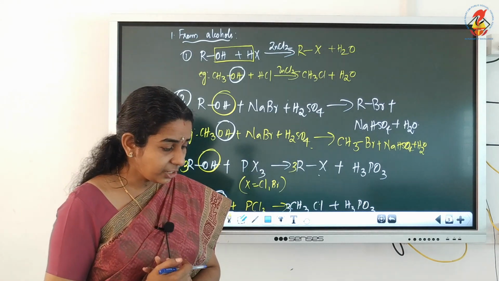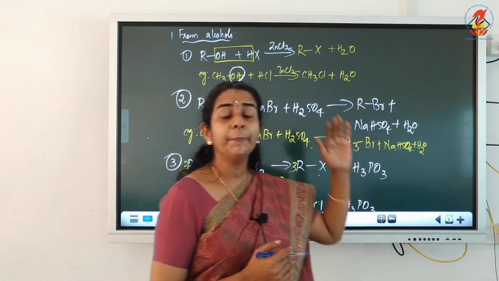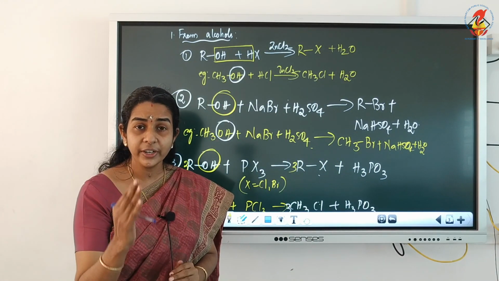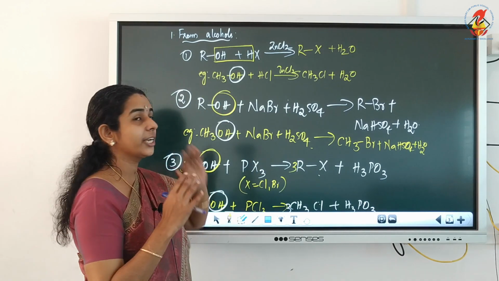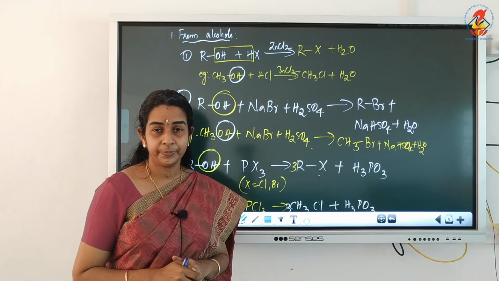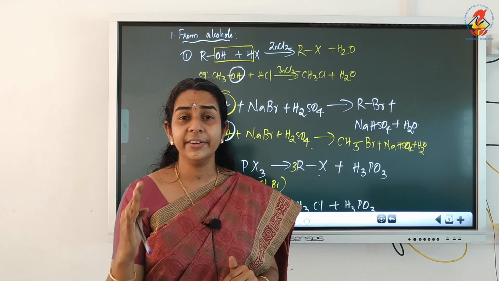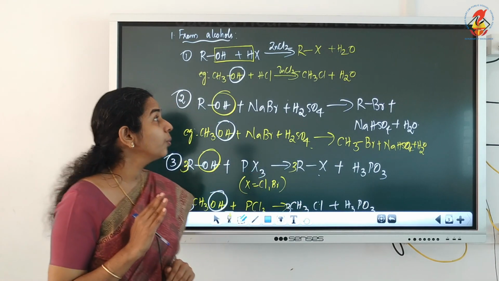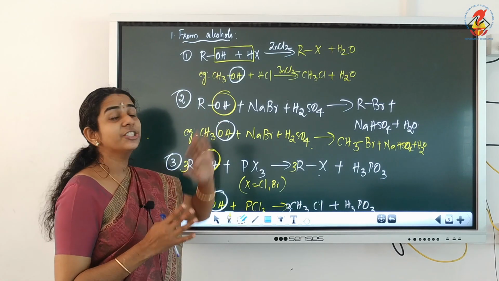Now the very important question: how do primary, secondary and tertiary alcohols differ in the reaction with HX?